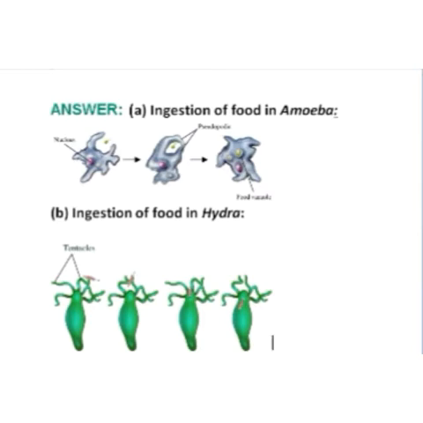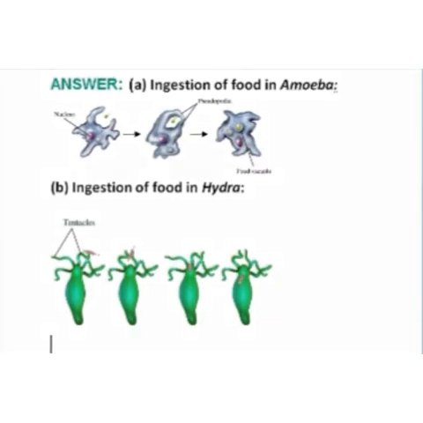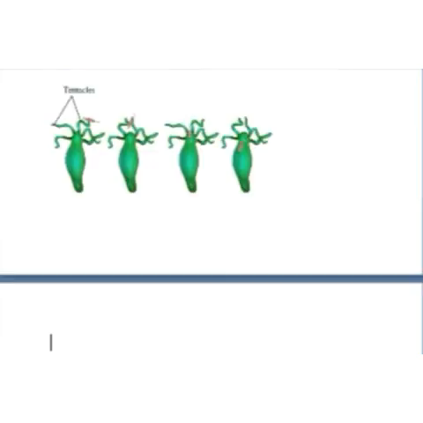You can also take help from that page. As shown in this page, you can draw the picture of amoeba and hydra. You have to show the nucleus, pseudopodia and food vacuoles in amoeba, and you have to show the tentacles in the hydra.